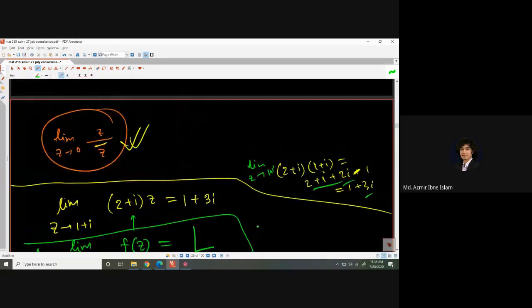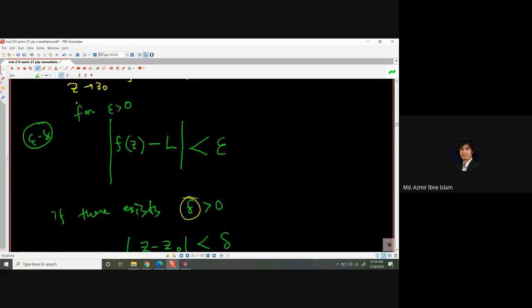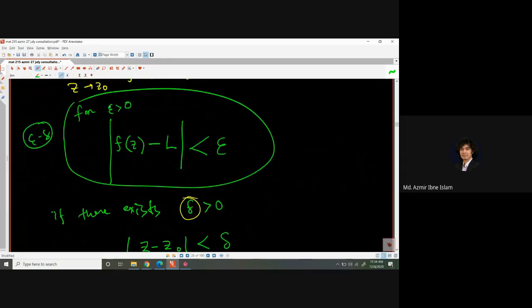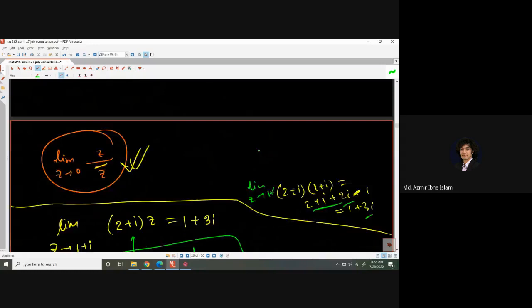Yes, sir. Okay, so the first criterion we already have. For epsilon greater than 0, the absolute value of f of z minus L must be less than epsilon. So we are taking any arbitrary epsilon greater than 0. This will help you in understanding the epsilon delta proof.